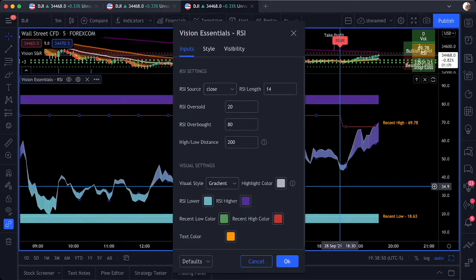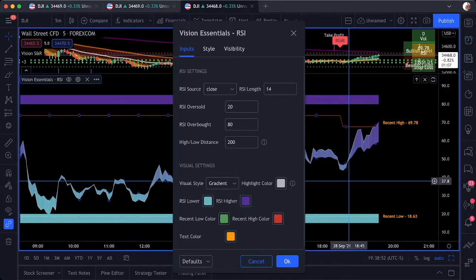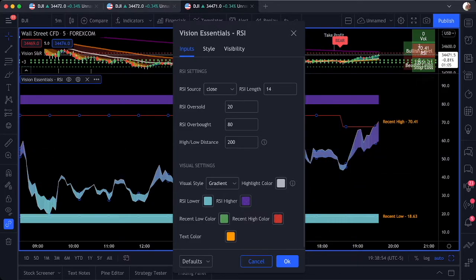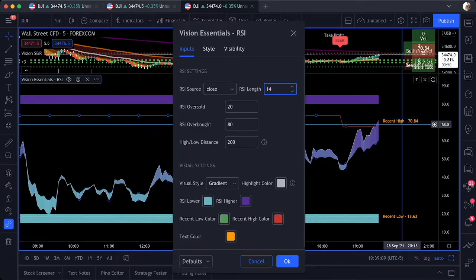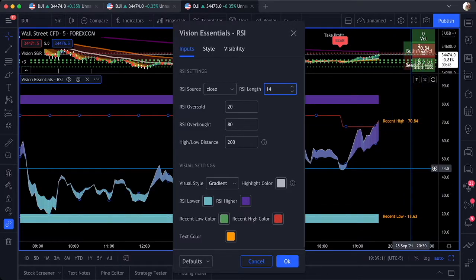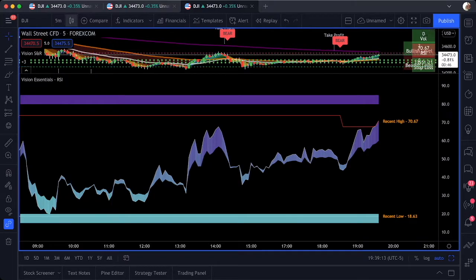What were you saying about the 15 minutes versus the 5, like the 200 day or something? So that's going to be the RSI length. Right now it's showing the recent high as 70.18, and that's on the 5 minute.